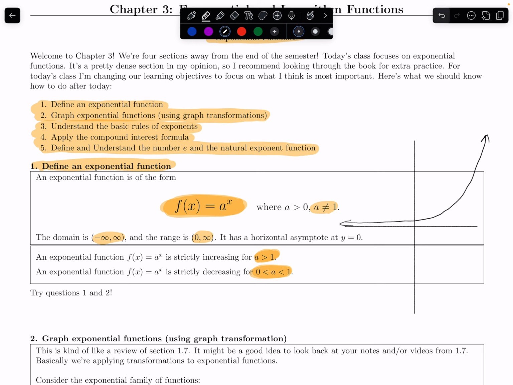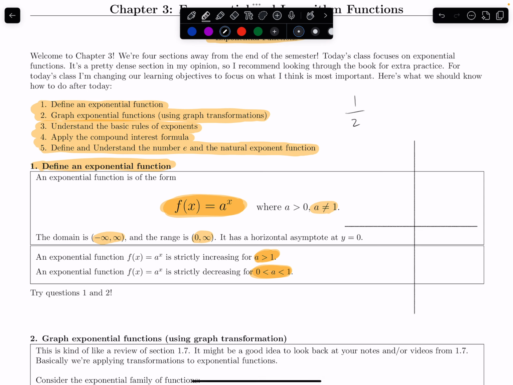It grows so fast. Okay, and then if a is less than 1, what happens? You have 1 over something that's getting bigger. I'm sorry, I'm saying that wrong.